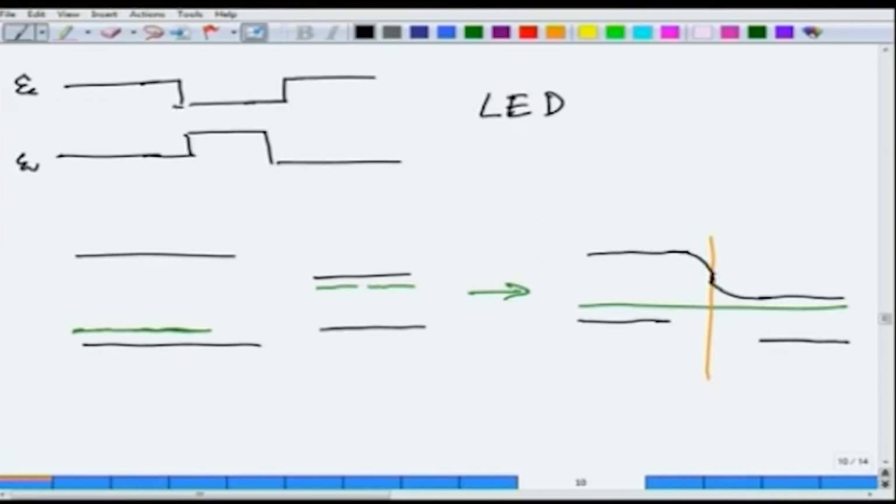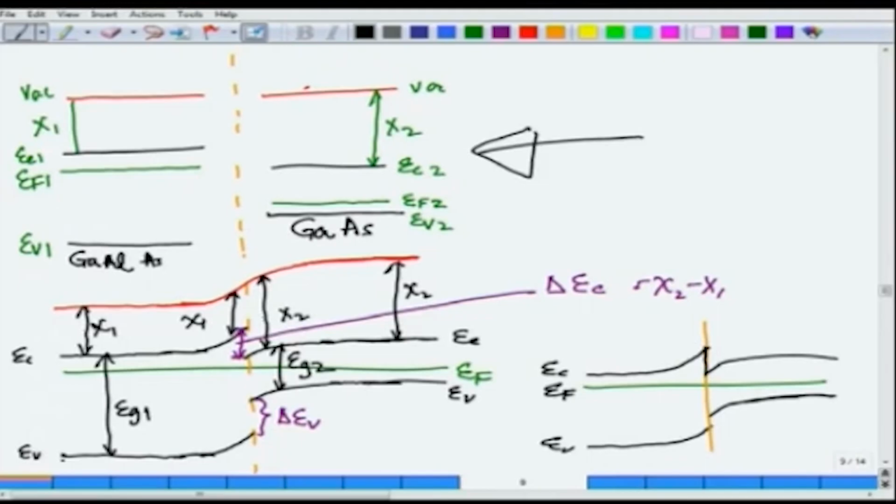In this case you are going to see something like this and something like this. Oh, sorry, this is wrong, because this should be Eg2 all the time. Whatever happened in the previous diagram, you got this feature in the conduction band and this type of feature in the valence band, which was delta EV, of course.